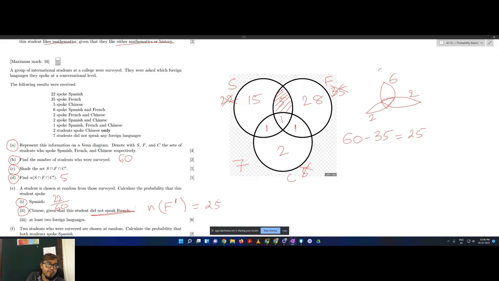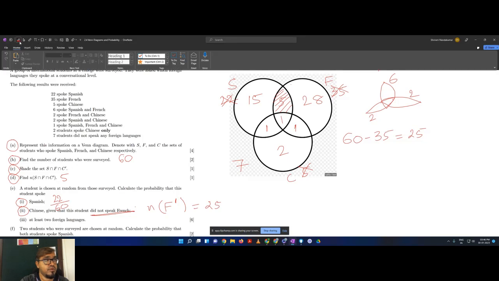And in that, how many spoke Chinese? Understand the question? In that set, F prime, where the set is anything outside F, how many spoke Chinese is the question.